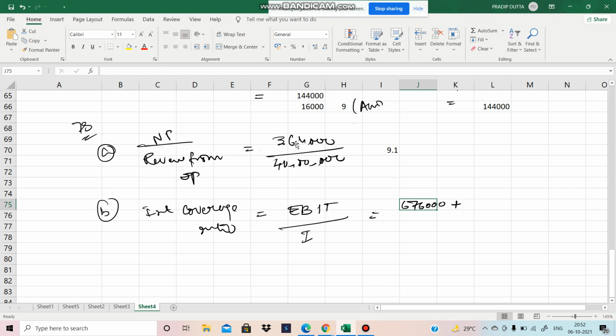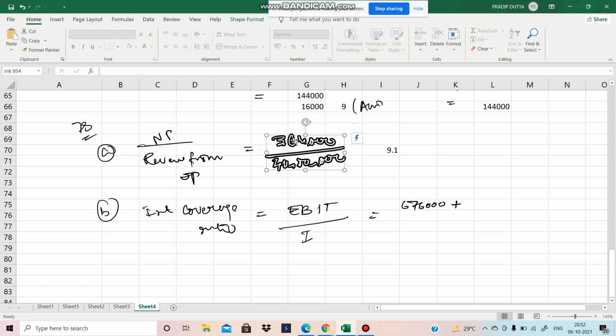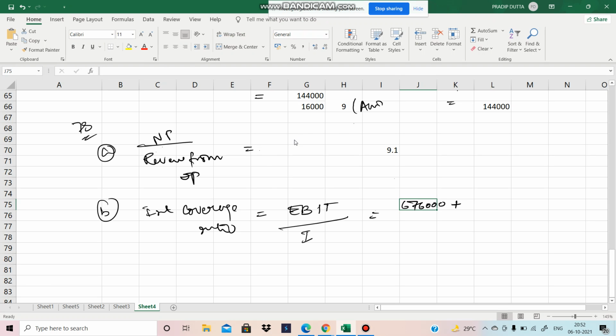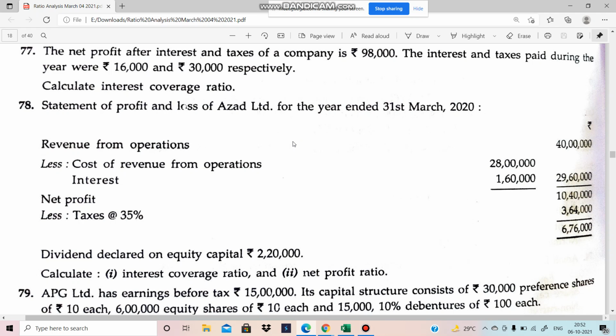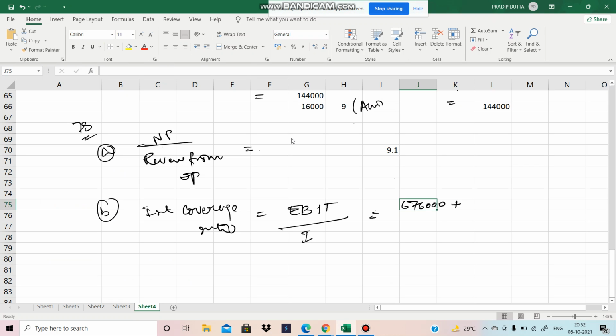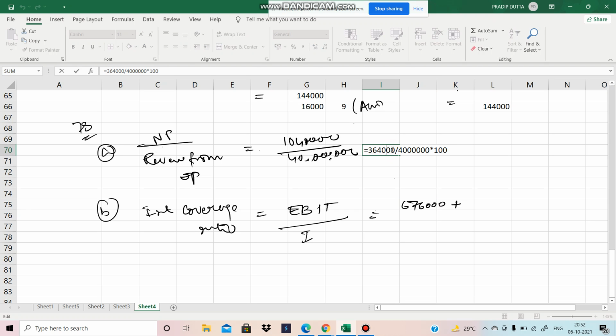Instead of this we have to write, actually, the net profit is 10,40,000 divided by 40 lakhs. So our value also changes. It will be 10 lakh 40,000, 26%.